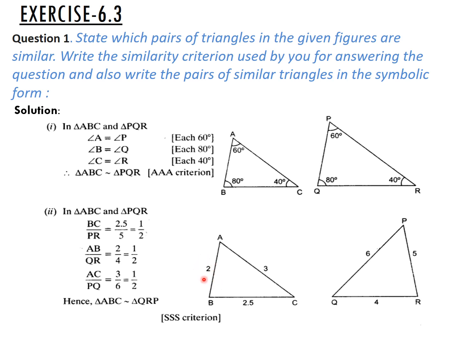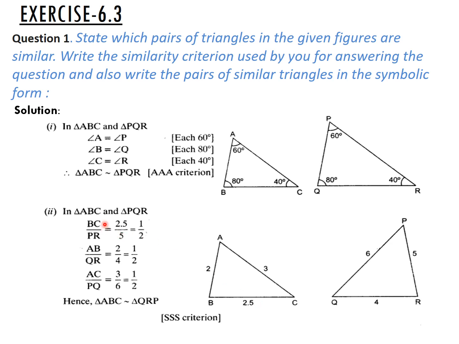So we can see the length of side AB is 2 and here the length of side QR is 4. Clearly 4 is a multiple of 2. So if we find out relationships like this, then it will be easier for us to find out a relationship between the two triangles. So we can see 4 is a multiple of 2, 6 is a multiple of 3 and 5 is a multiple of 2.5. So we will try to associate these pairs of sides.